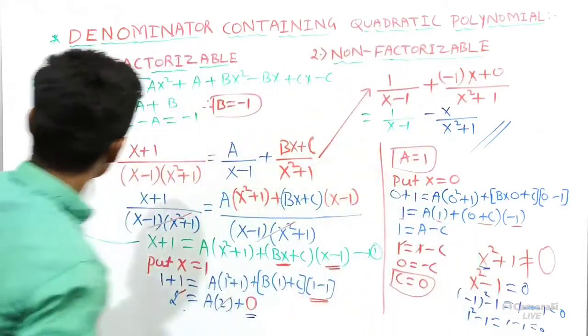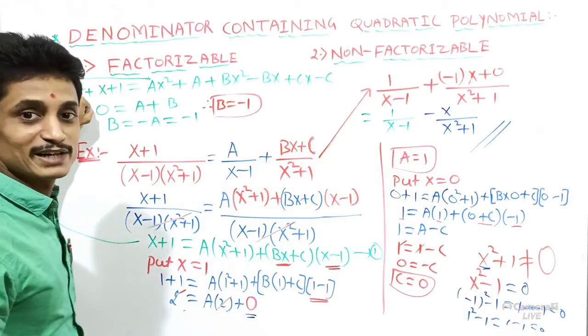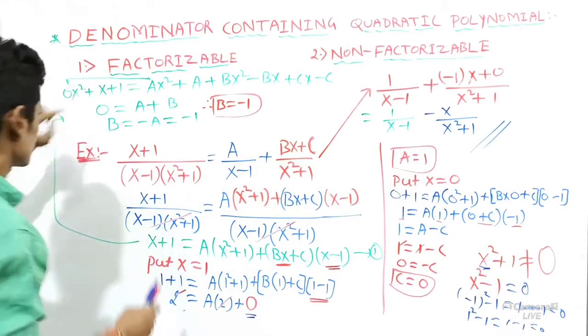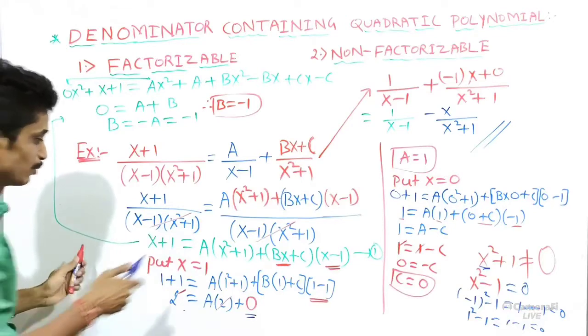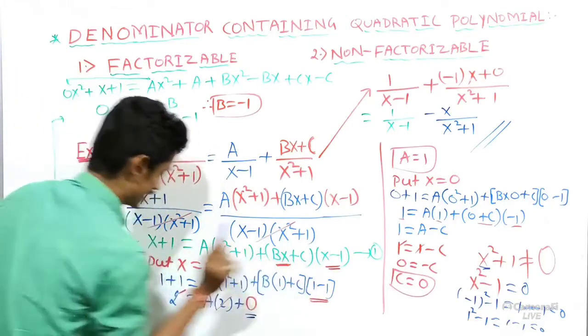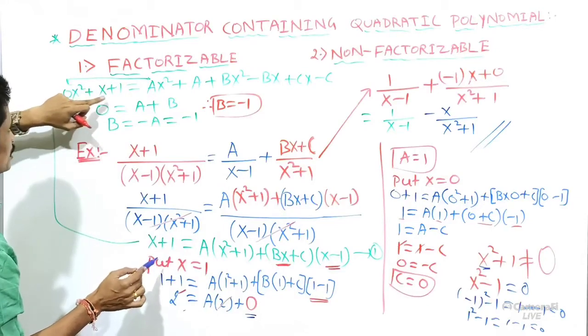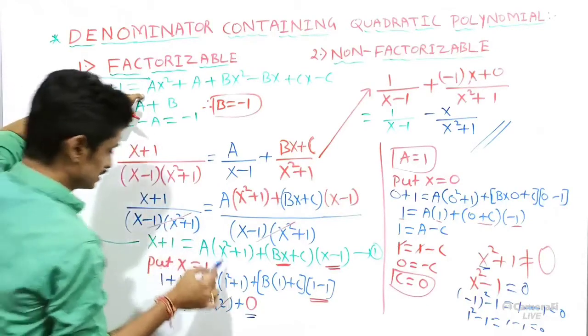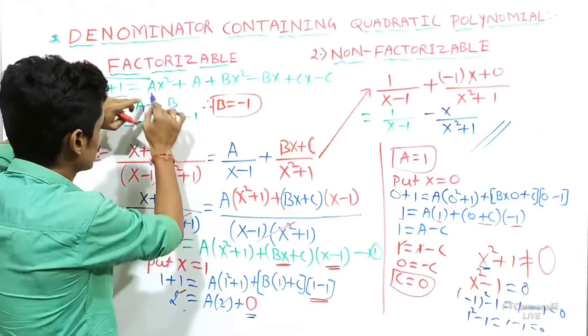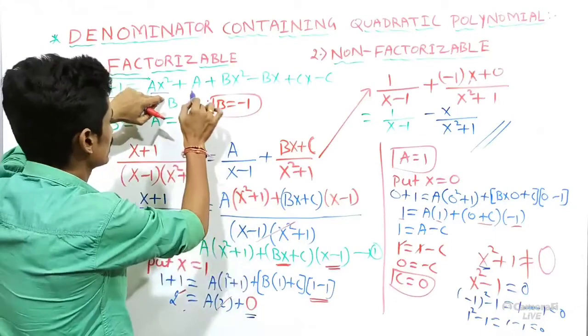That's why I took method number 3, the equating the coefficient method. For the purpose of equating coefficients, I have removed all the brackets. Look, x plus 1 as it is, and on this side a into x square is ax square, a into 1 is a.